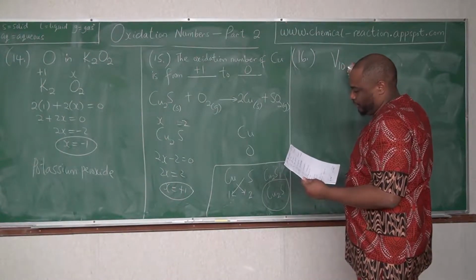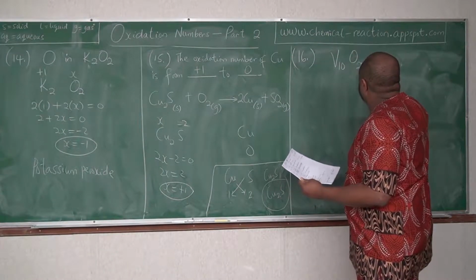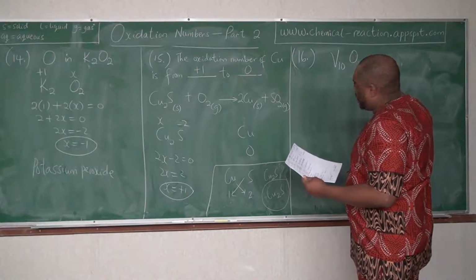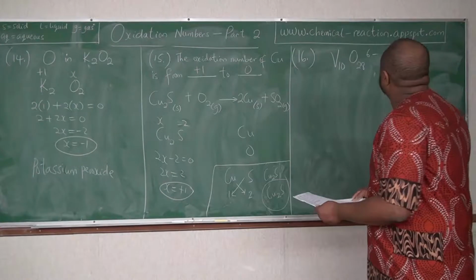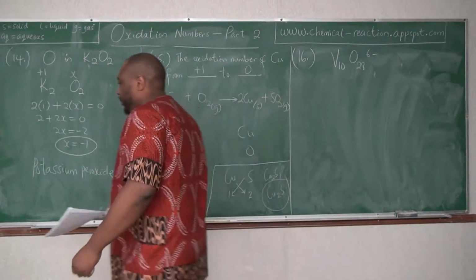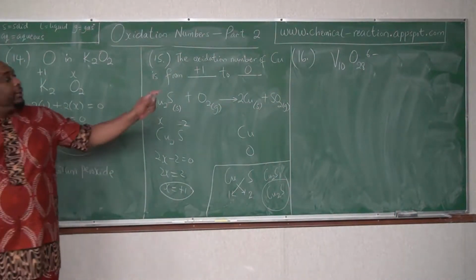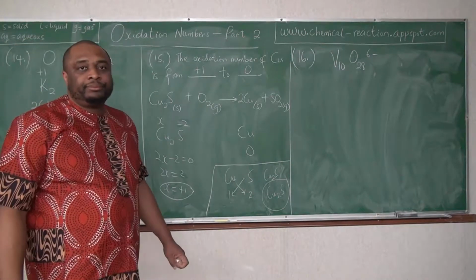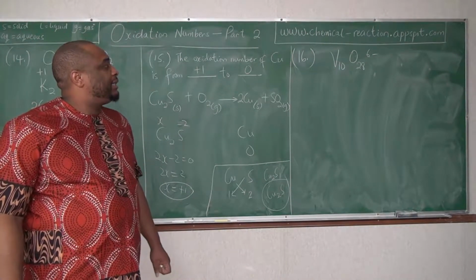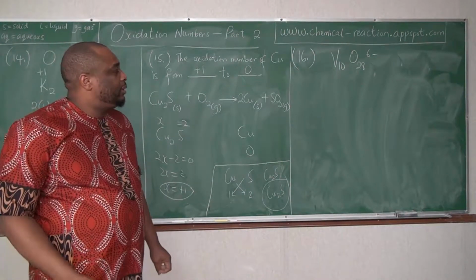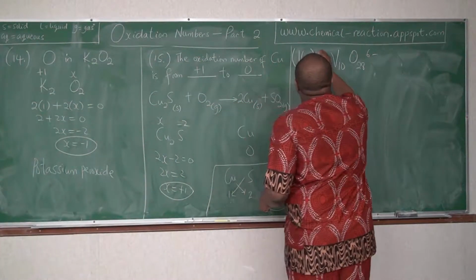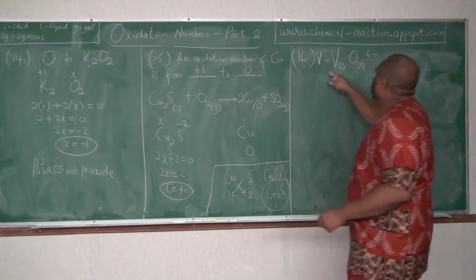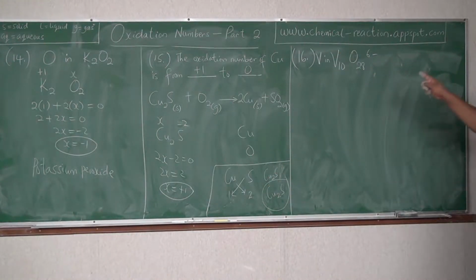V10O28 6 minus. Vanadium, and then oxygen. Vanadium in this ion.